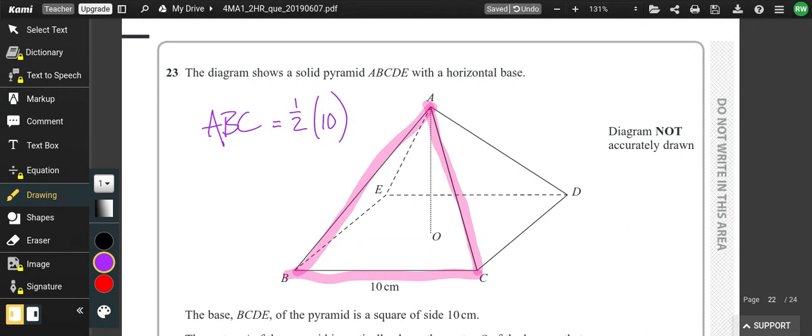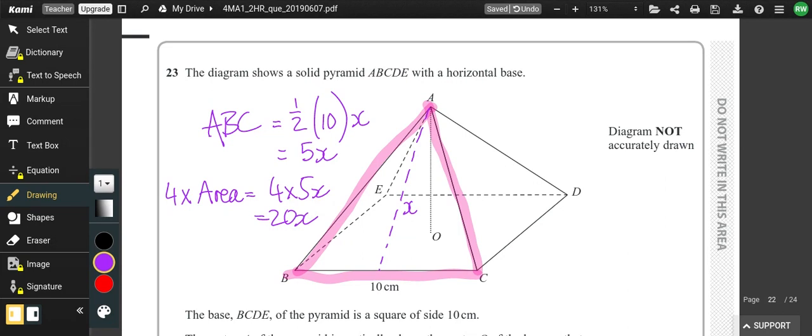Now, sorry, the height of this triangle is not A to O. It's A down to halfway between B and C. Okay, so let's call that, it's not the height of AO, let's just call it X. So the area of that is just 5 times X. Now there's 4 of those triangles going around the pyramid, so 4 times 5x, which is 20x.